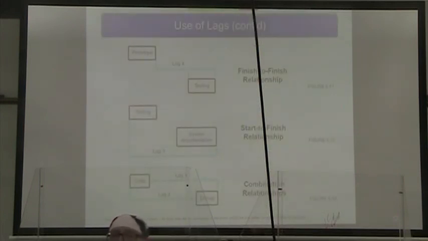All right, sometimes we do a finish-to-finish relationship, where here we're prototyping and we're doing the testing as we're going along with the prototype, right? So there's only a lag of 4 in a finish-to-finish relationship.